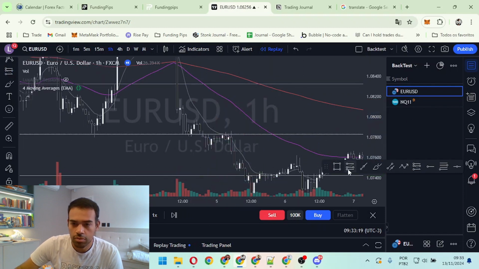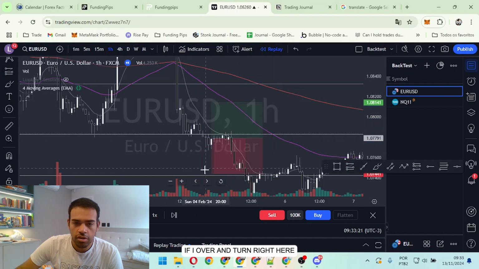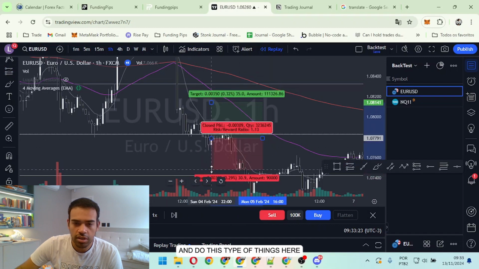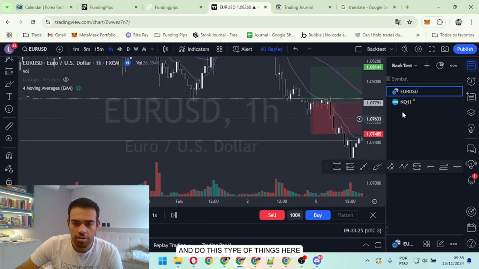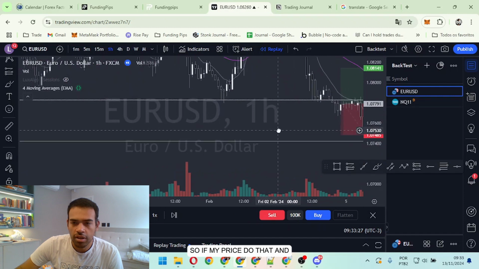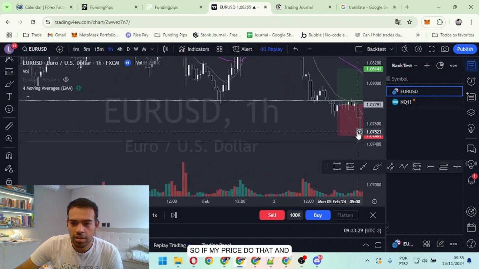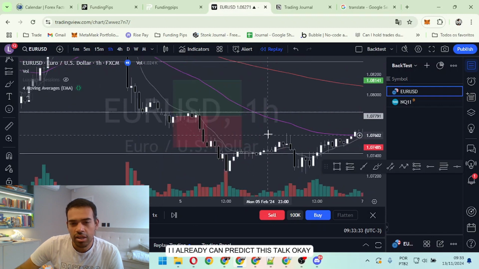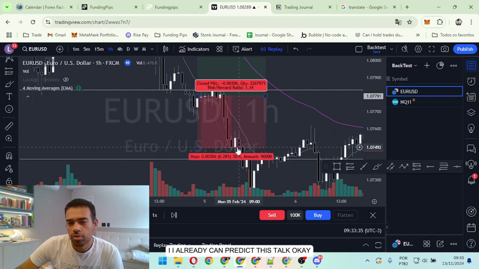This is a short, I want a long position. Okay, if I open a trade right here and it does this type of thing here, so if my price does that and does that candle too, I can already predict the stop. Okay, so I need to close the trade here.